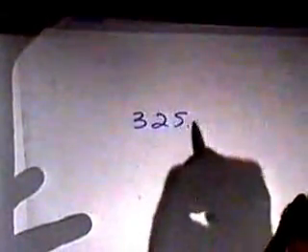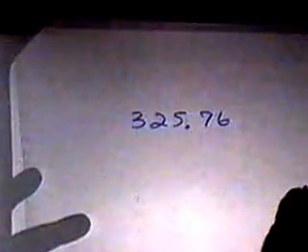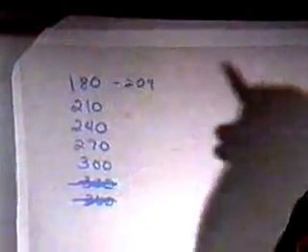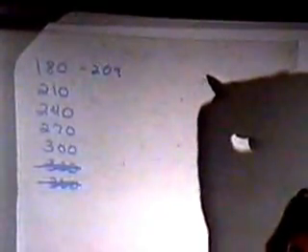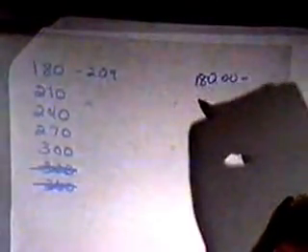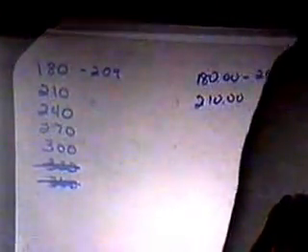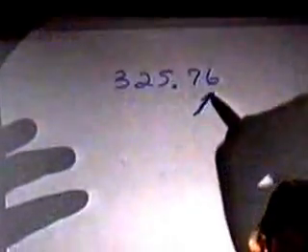If my original numbers were $325.76, if my rent was listed to the nearest cent, and this would be 210, I would have to go 1 penny away. To round it off to the nearest penny, if my numbers were to the nearest penny, this has to be 1 penny away.